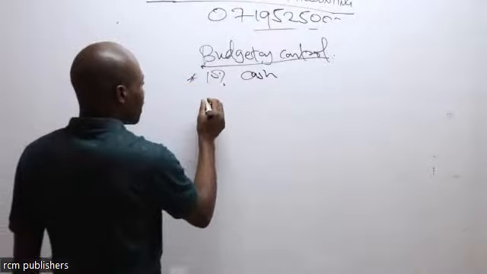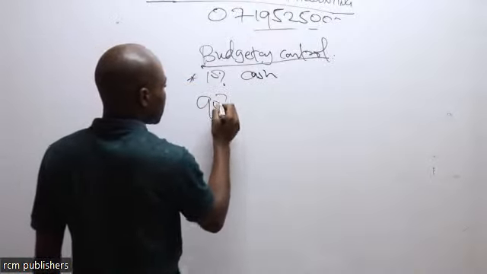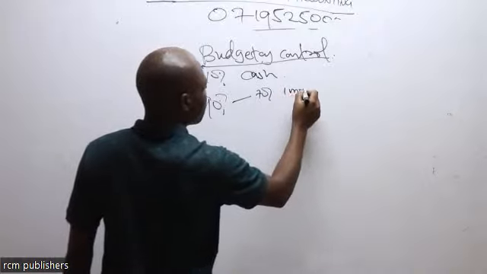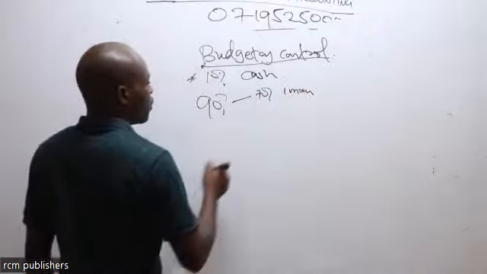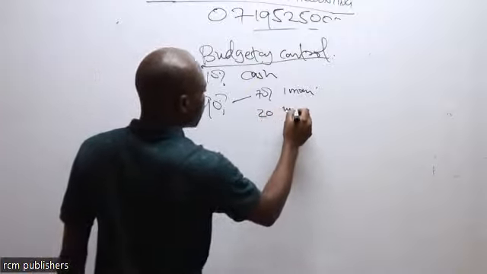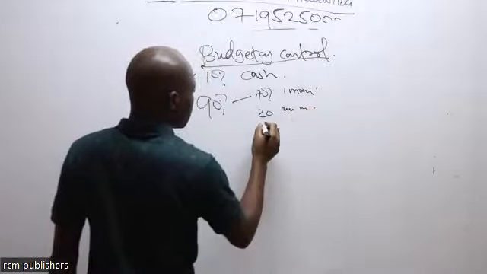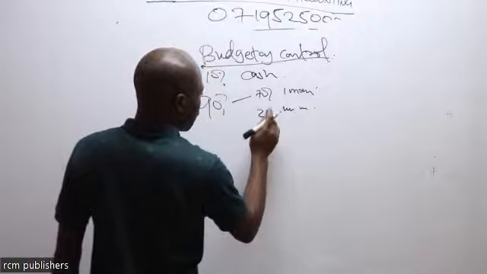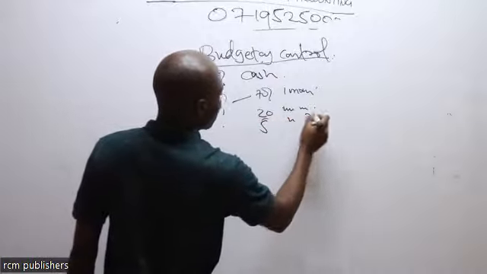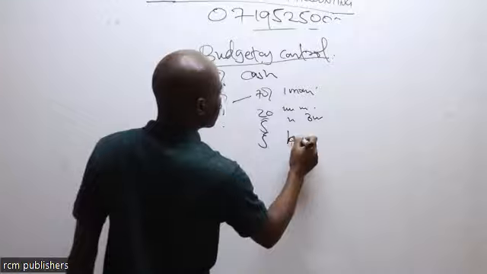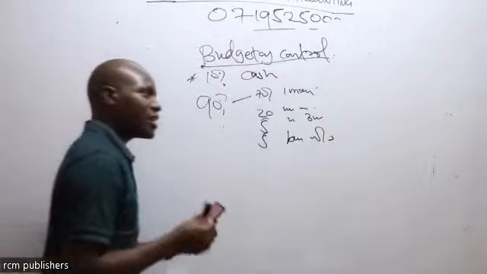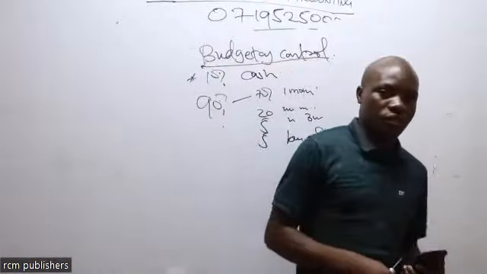Then of the remaining 90% of my sales, 70% of them will pay within 1 month, 20% of them will pay within 2 months, 5% will pay within 3 months, then 5% will be bad debts written off. So I've known the amount of cash that I'm actually going to receive.